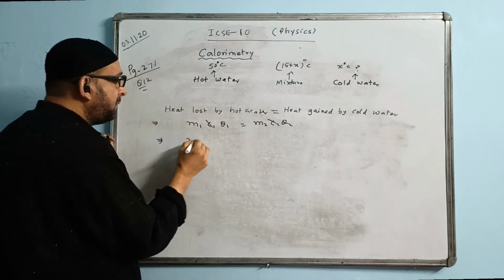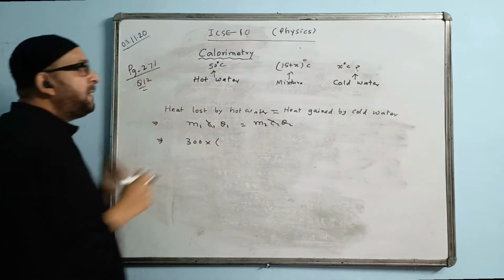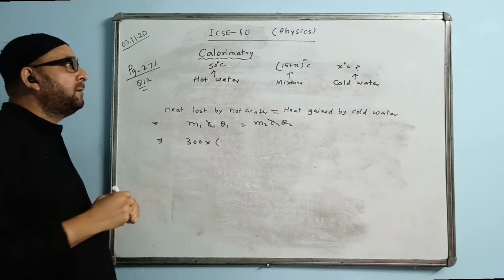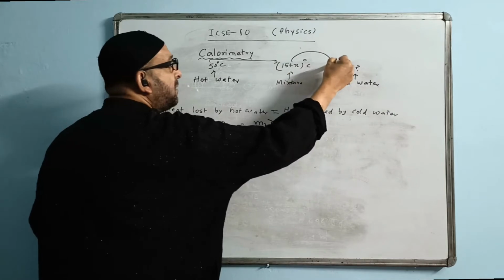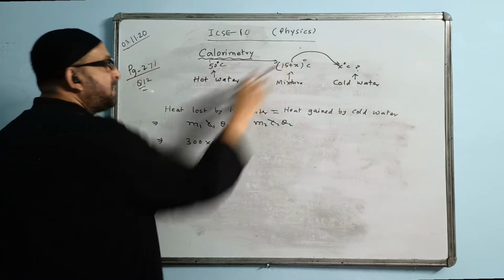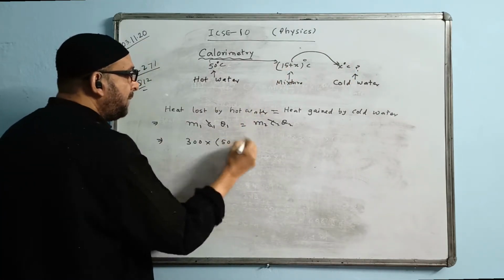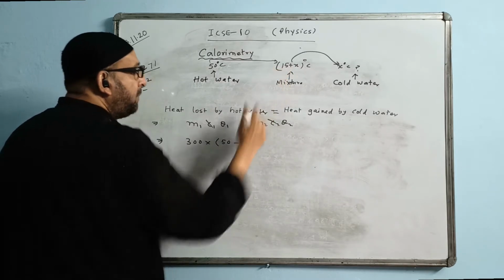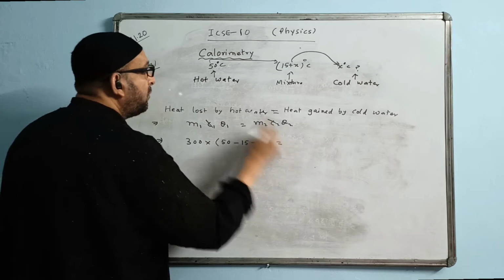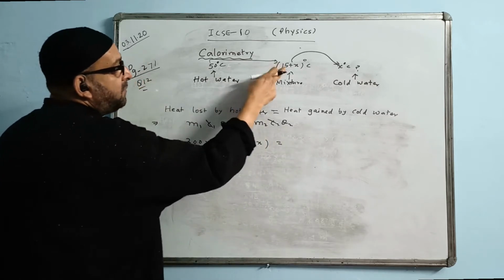Right here, 300. The temperature difference, how do we take it? We will take it this way: 50 minus this, and on this side this minus this. If you do 50 minus this entire thing, the sign will change, minus 15 minus X, because minus is there with both.